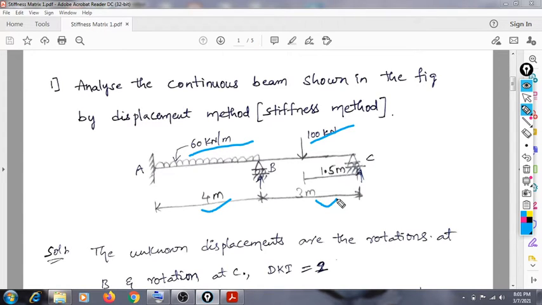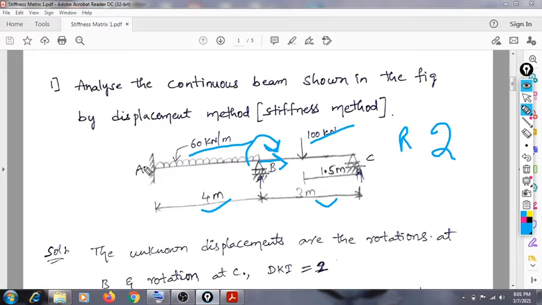So coming to the degree of freedom or degree of kinematic indeterminacy. A roller support has 2 degrees of freedom, because it can move forward, that is 1, and it can rotate as it likes.